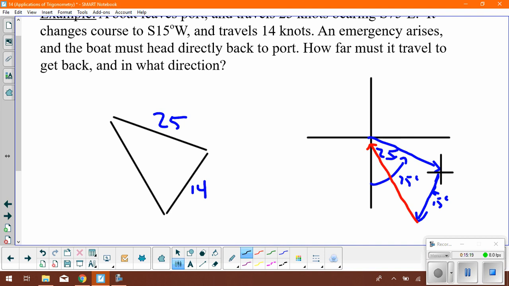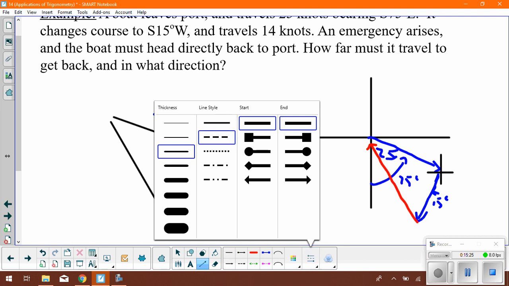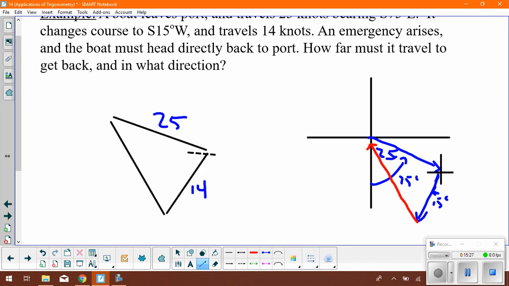So let's try to fill in some angles. I'm going to add on my little grid lines again. So there was that corner, and there was this corner up here. What I got from the question is that this little angle in here was 15 degrees.